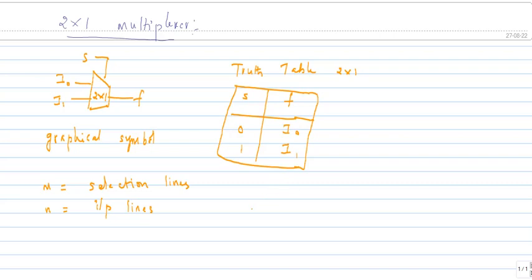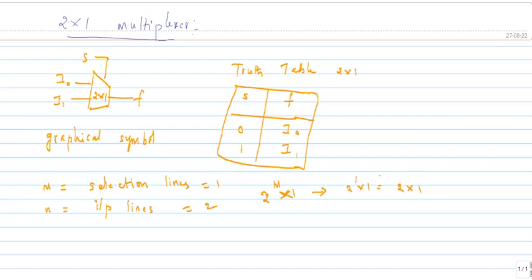Based on this formula, we can represent 2 by 1 in 2 power m into 1 format, where m is equal to the selection lines, only 1, and the total number of input lines is equal to 2. Therefore 2 power 1 into 1 means 2 by 1. So this is the representation for the 2 by 1 mux also.